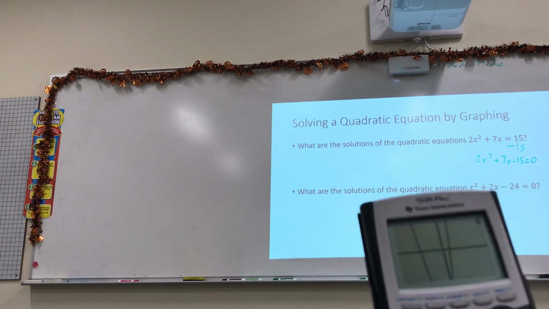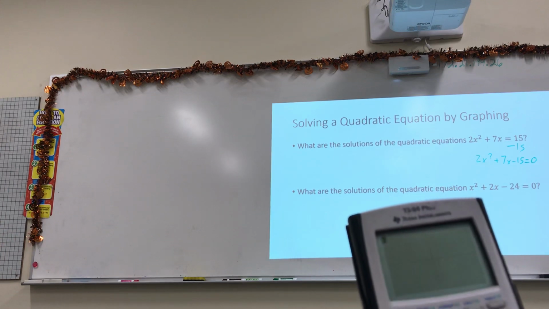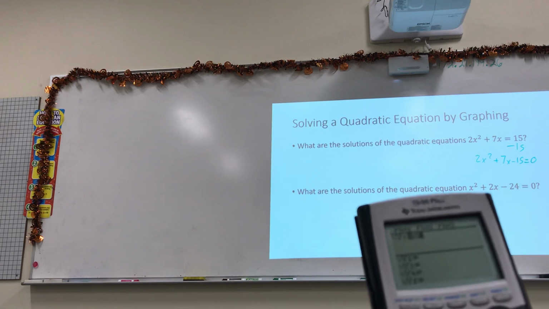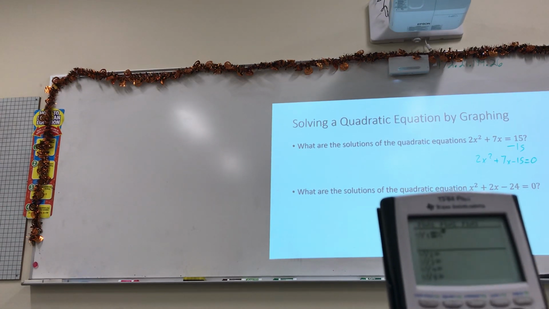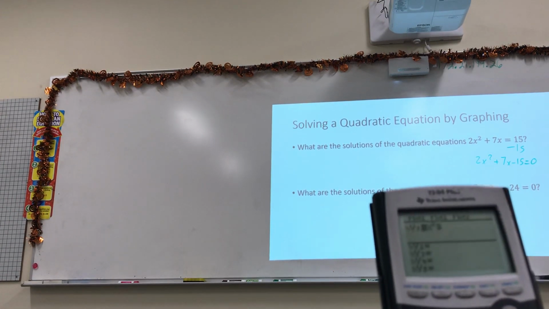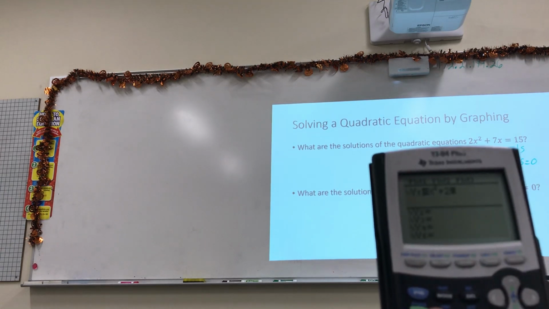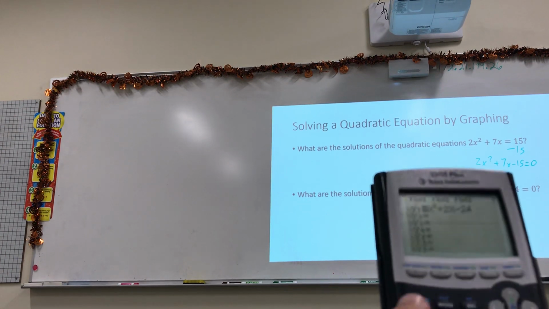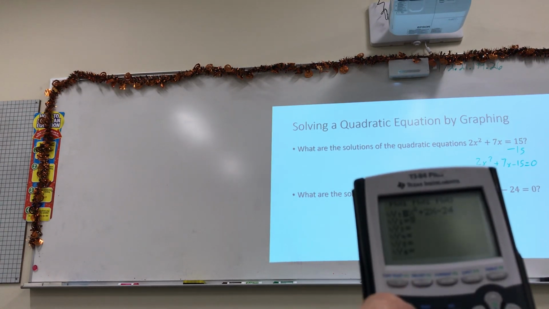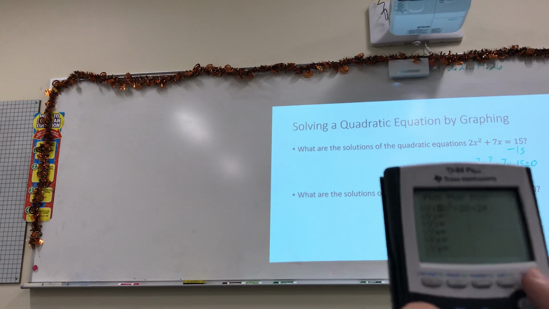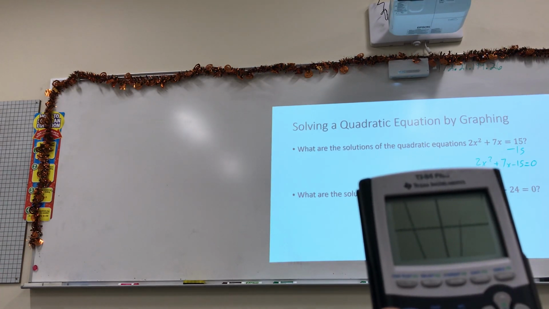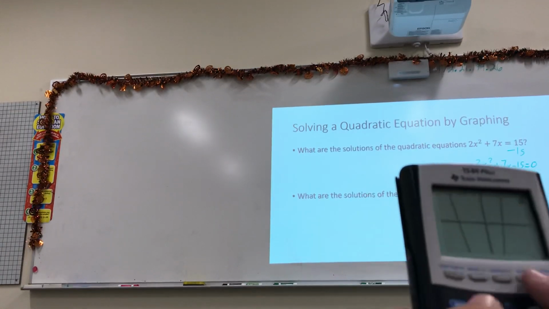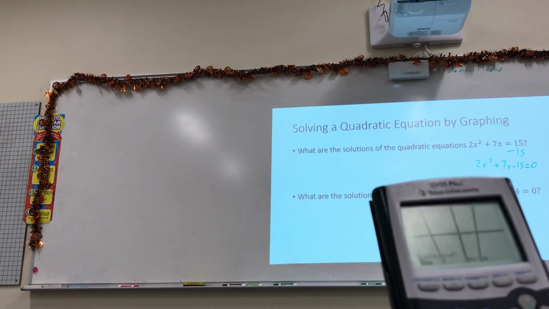Now I could do the other one, second quit, y clear. You would have x to the second, not to the fifth, all right, plus 2x minus 24, and you should be able to go second, nope, don't go second, just graph, and it should go again, and then once again you should be able to go second calculate, and it should trace your line now.